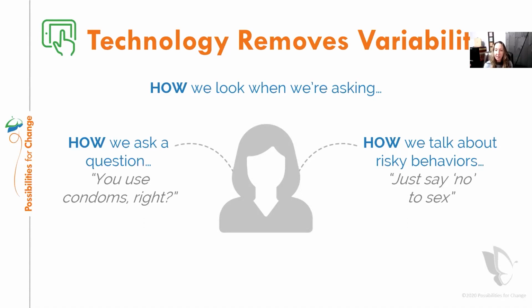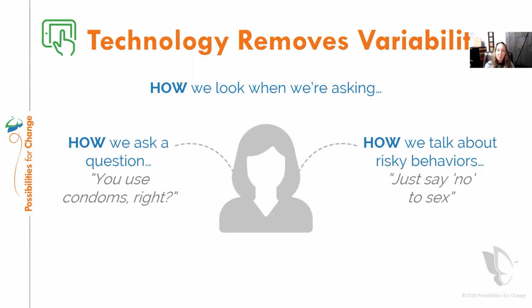And then additionally, how the questions appear to youth within the technology can really make a difference in them feeling comfortable. So RAPS uses technology that embeds a concept called digital empathy. If you haven't heard of that concept yet, it's really the use of colors, fonts, and images that help to engage youth and really encourage them to feel more comfortable answering those sensitive questions in particular.